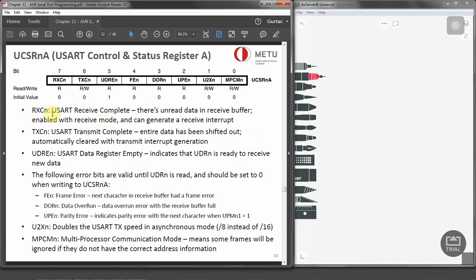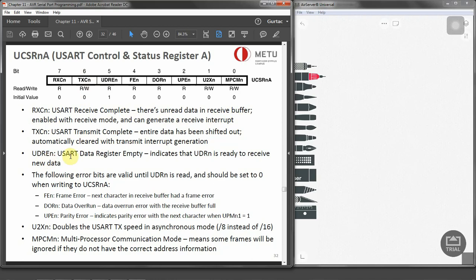For example, RXCn, USART receive complete. If there's unread data in the receive buffer, enabled with receive mode, it can generate a receive interrupt. Or TXCn, bit 6, transmit complete: the entire data has been shifted out, automatically cleared with the transmit interrupt generation.